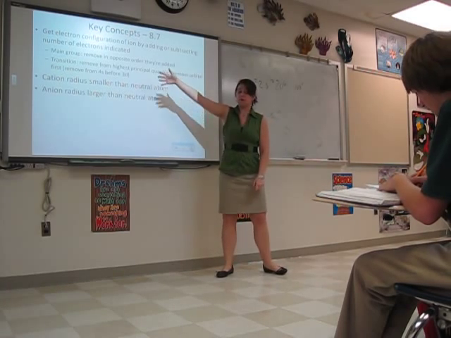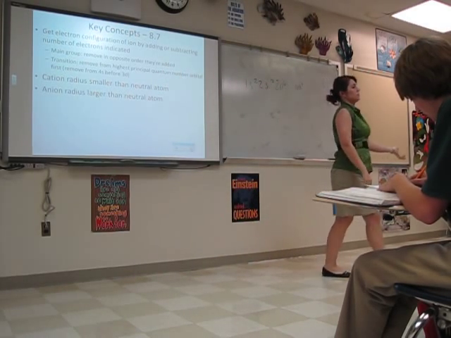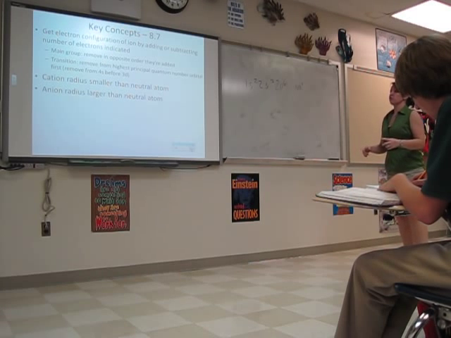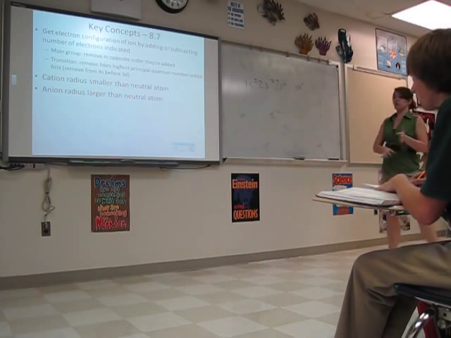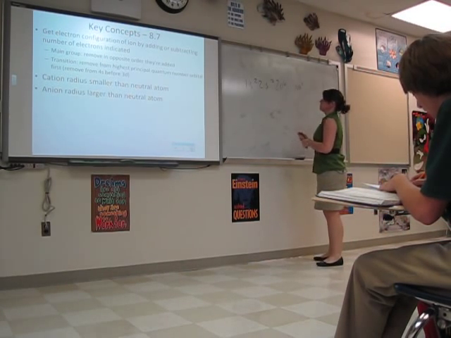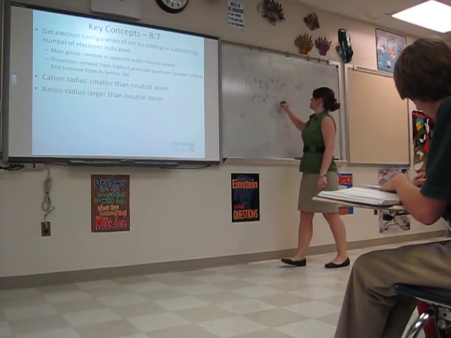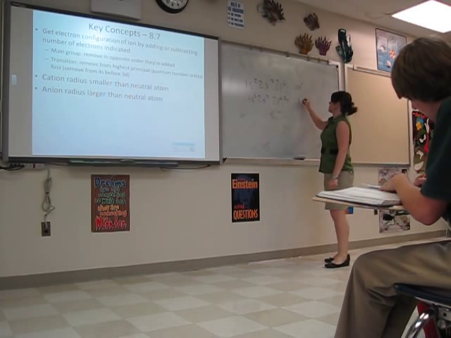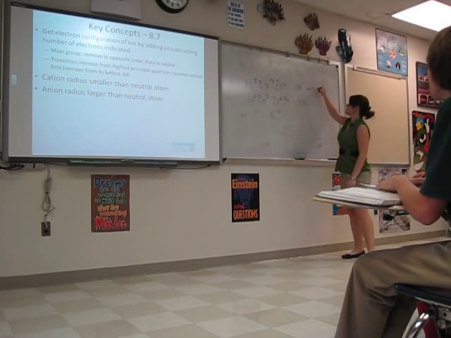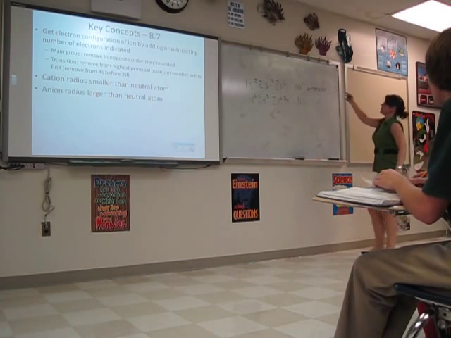These are true statements, obviously, but you also need to be able to explain them. So cations are smaller than their corresponding neutral atom. So Na plus is smaller than Na. That should make sense.